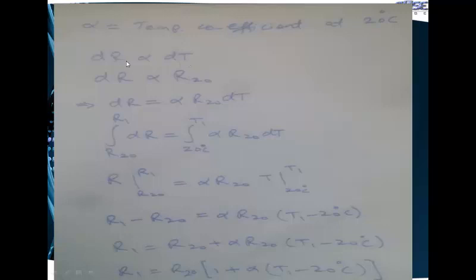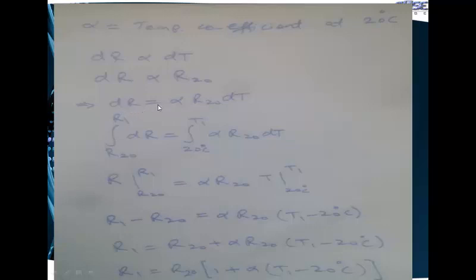We know that for positive temperature coefficient materials, resistance varies directly with temperature. Also dR is proportional to R20. So these two can be related with this equation.